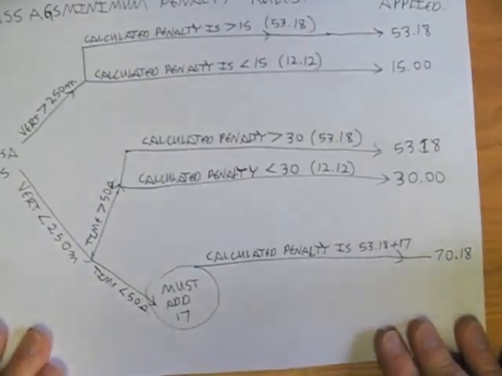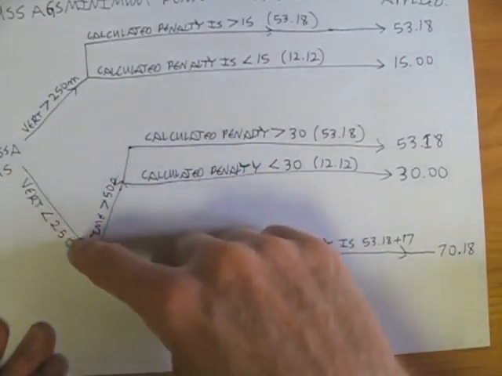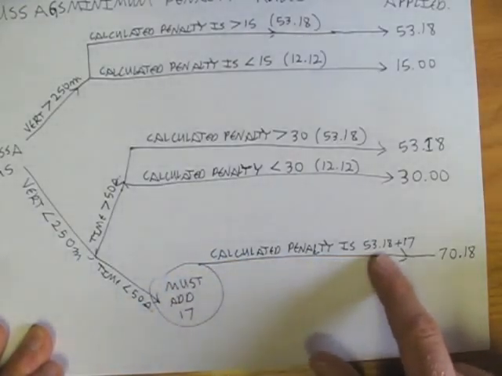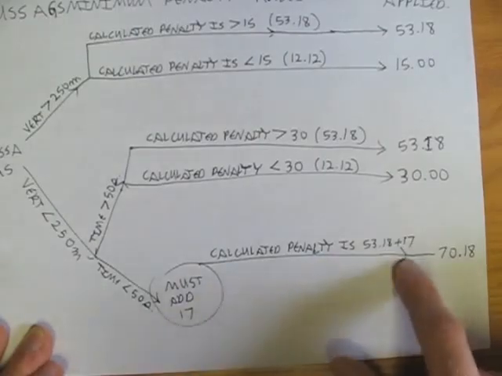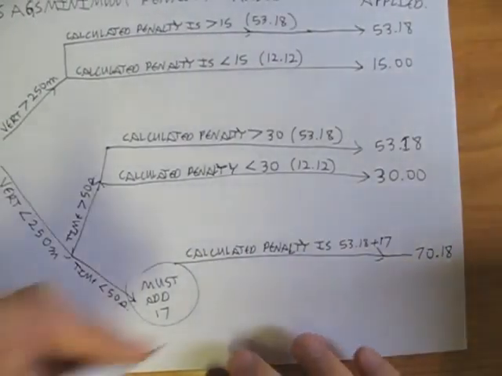Okay, so your vertical drop is less than 250, your time is less than 50 seconds, you calculate a penalty of 53.18, you must add 17 to bring that up to 70.18.